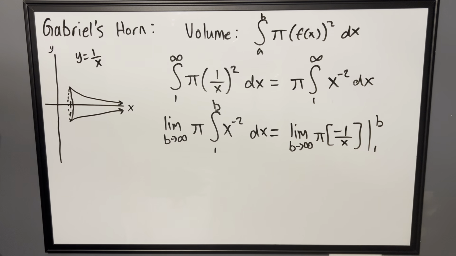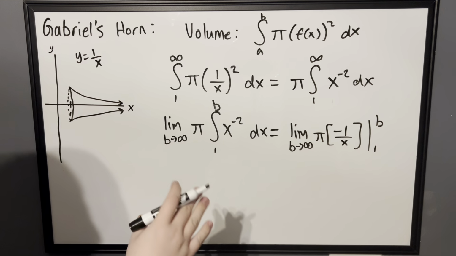And now we're just going to plug in using the definition of a definite integral. We know this is now the limit as b goes to infinity of pi multiplied by, we're just going to plug in b. So we have negative 1 over b minus negative 1 over 1. Now we plug in the 1 and we subtract.